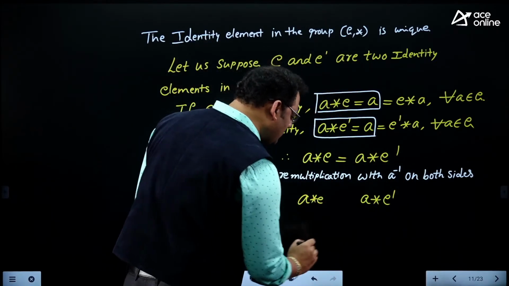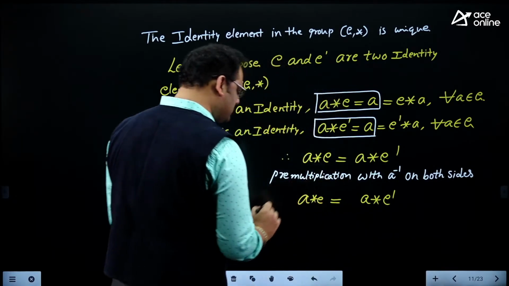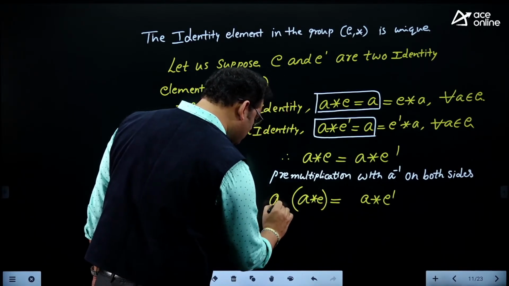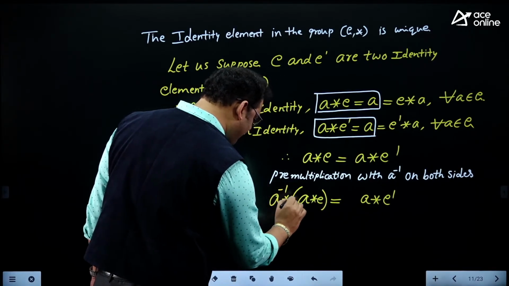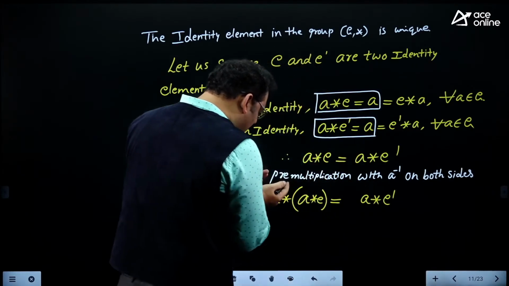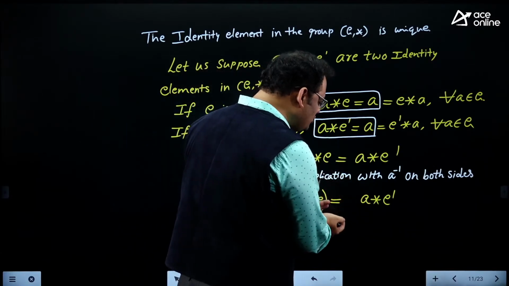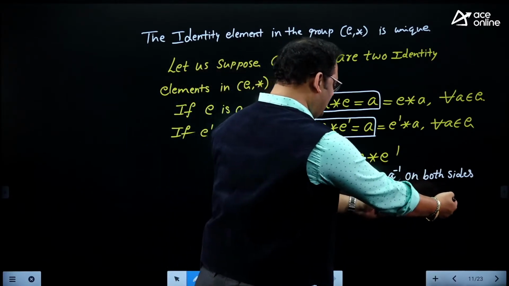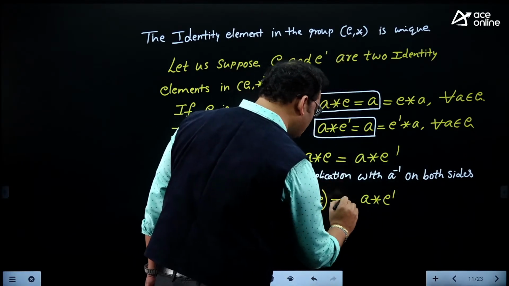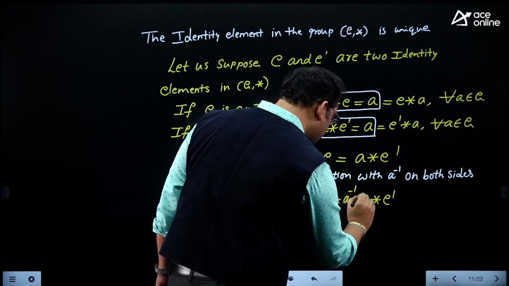So in this equation, I am pre-multiplying with A inverse on the left side, and the right side also gets pre-multiplication. If you take A inverse on the left part, here also you should take A inverse on the left part. I cannot take A inverse on the right side like this. That is not allowed. That is the meaning of the word pre-multiplication, like A inverse star.